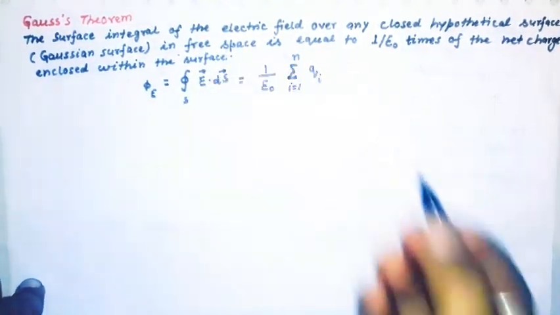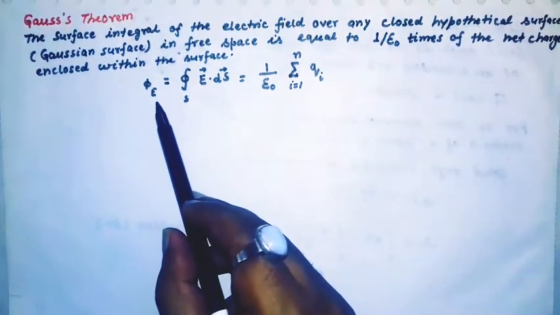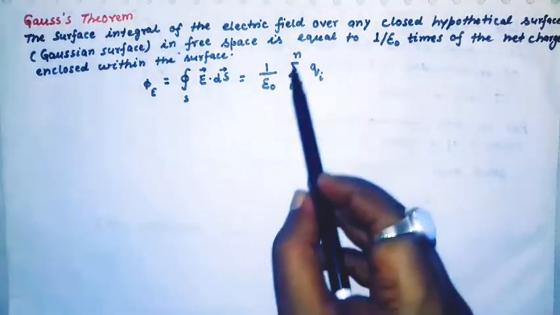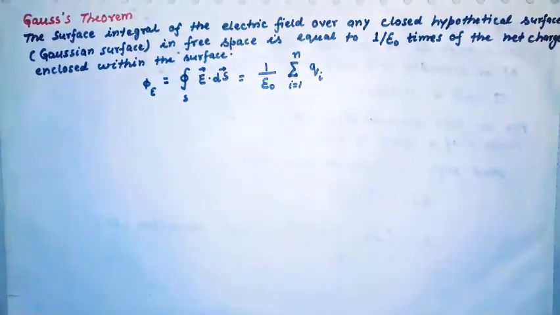So this is the statement of Gauss theorem, and according to Gauss theorem, the total flux will be equal to the net charge divided by epsilon naught.